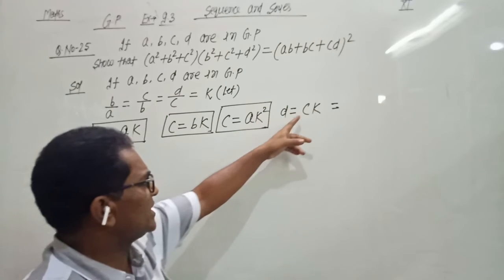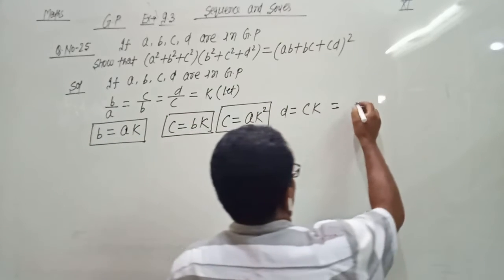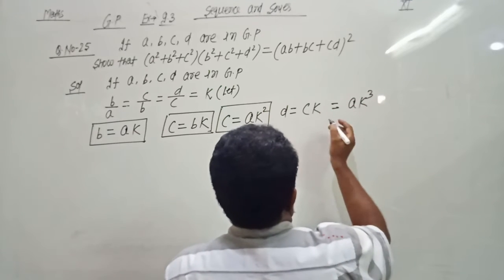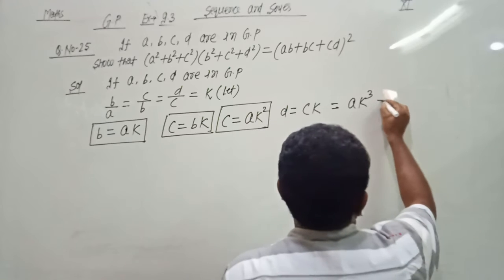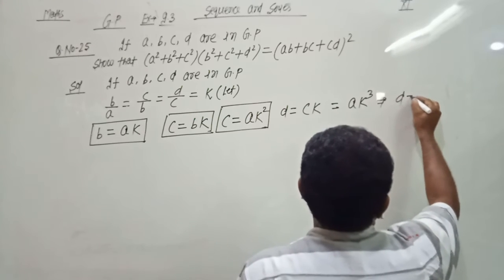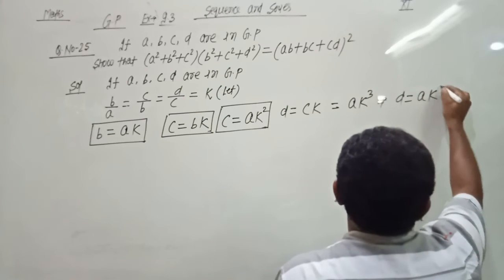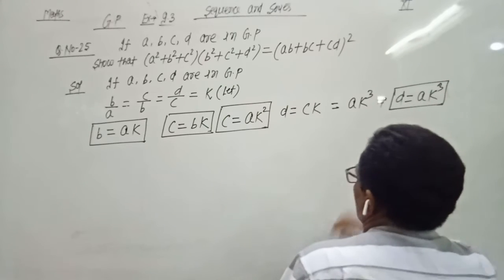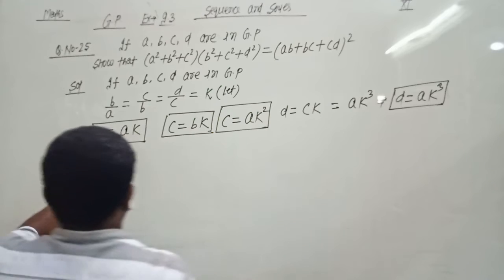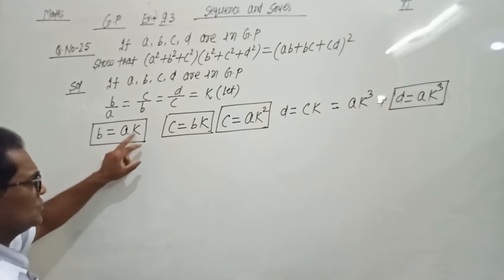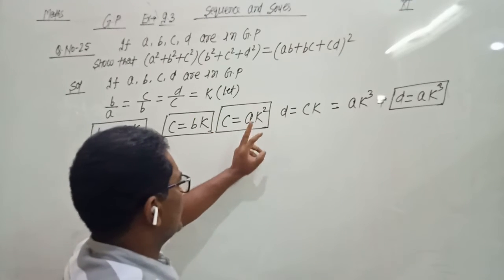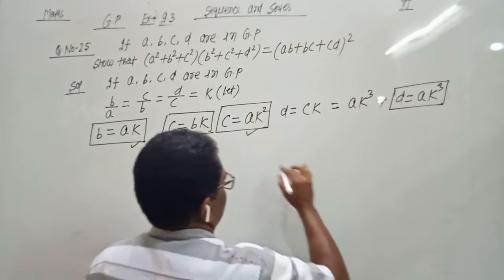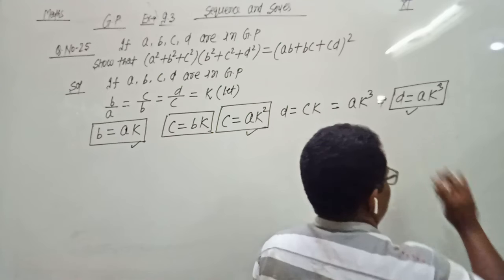So A into K square multiplied by K, we get A into K cube. So this is the value of D. So we get the values in terms of A and K: B equals to AK, C equals to AK square, and D equals to AK cube.